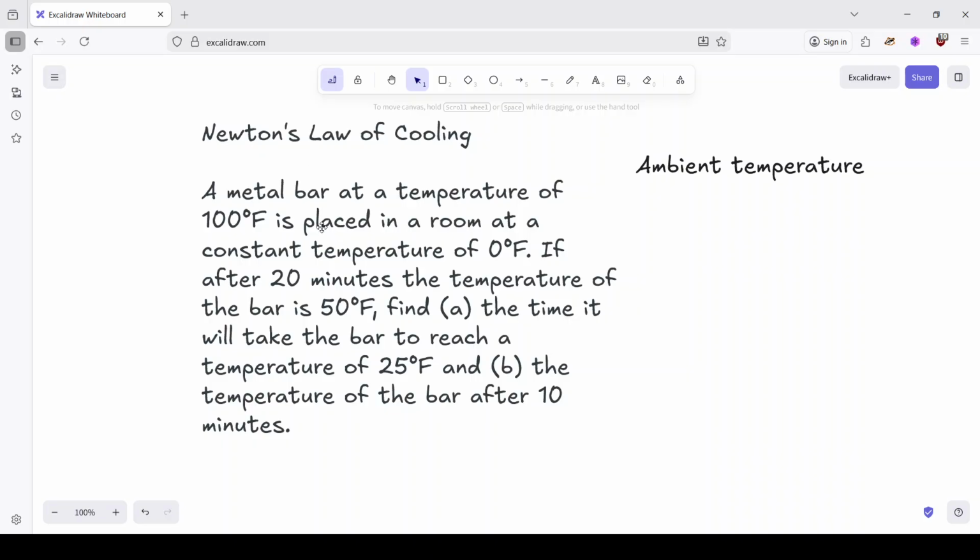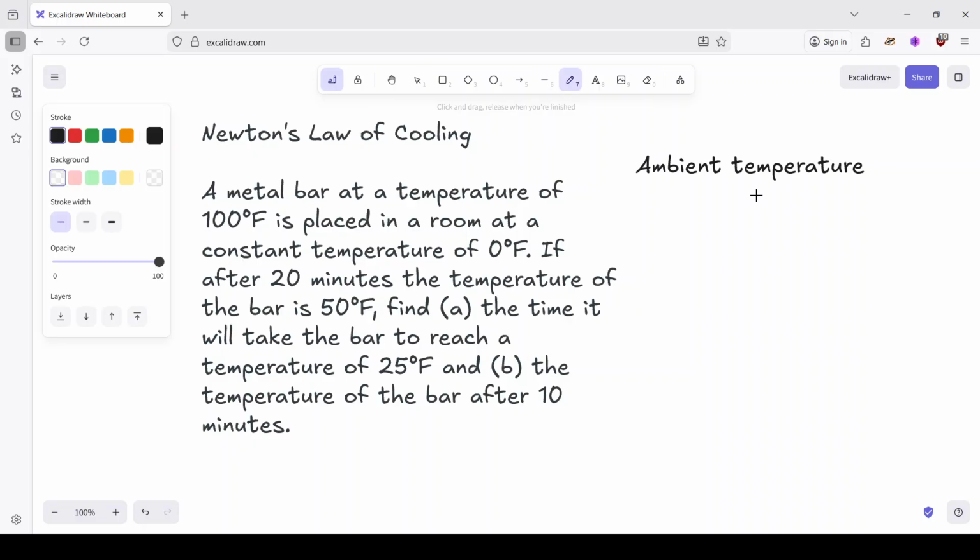In this case, the metal bar is at 100 degrees Fahrenheit, and the room is at 0 degrees Fahrenheit. So our ambient temperature here is 0 degrees Fahrenheit.